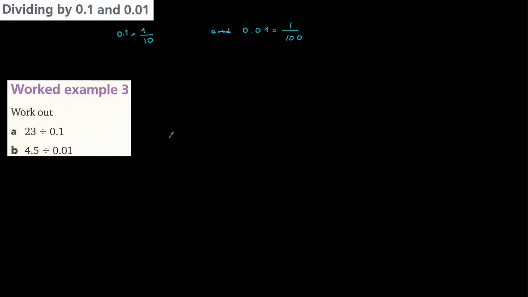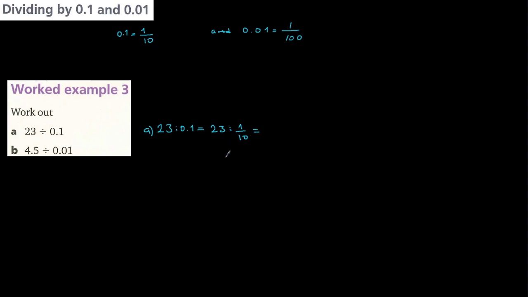We learned this in the previous chapter. I'm solving A1, 23 divided by 0.1, which means 23 divided by 1 over 10.